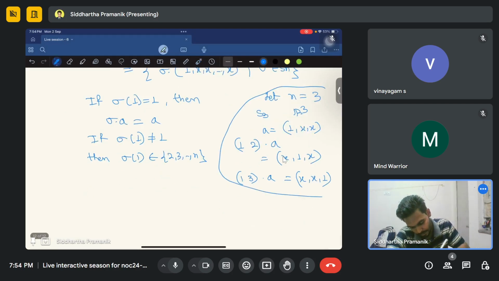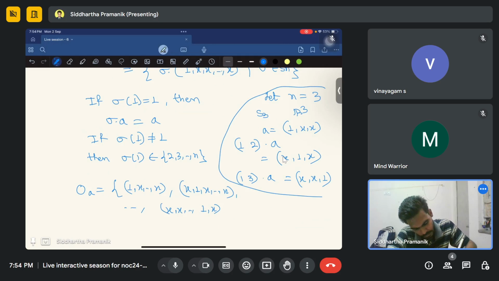So basically, orbit of A is 1 comma x comma x up to x, x comma 1 comma x up to x, and so on, x comma x up to 1, x.